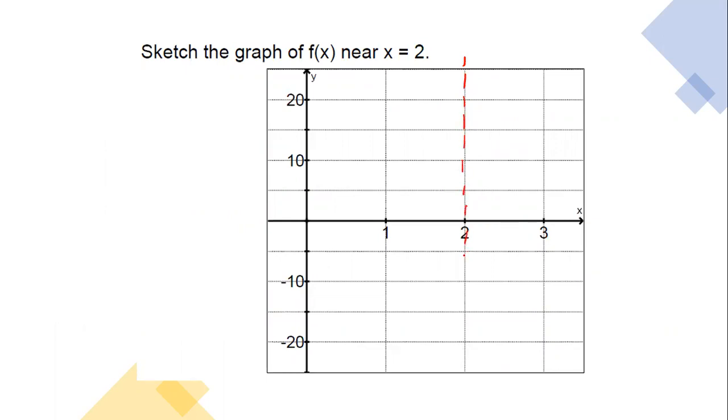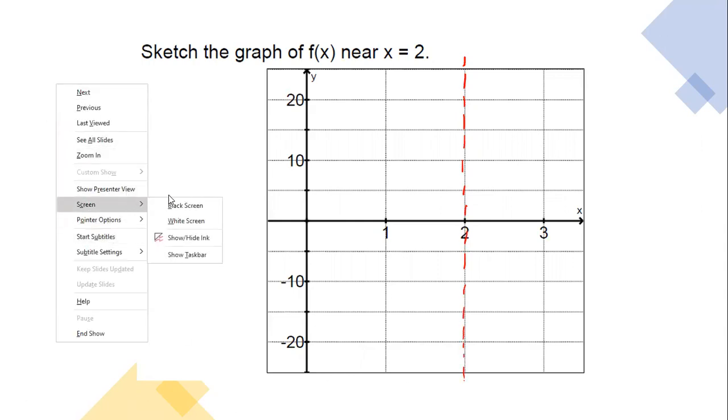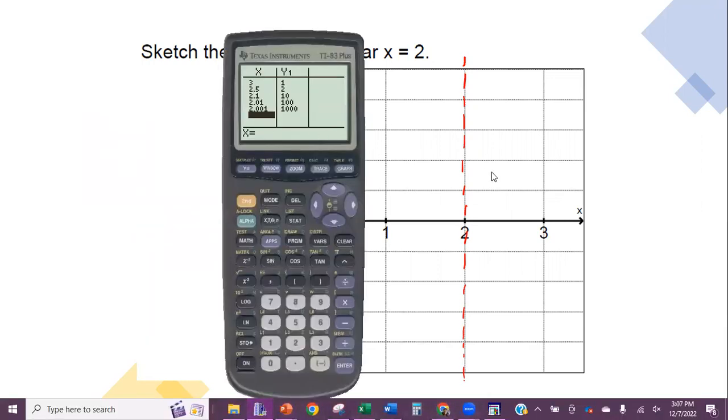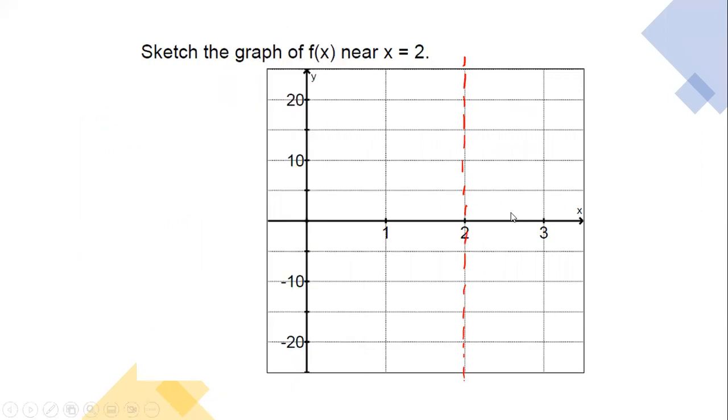Because did either value ever get close to 2? If I type in 2, what should happen? We get nothing. We get an error. It's undefined. There's no value there. So that's why that's our boundary line. Do you see that?